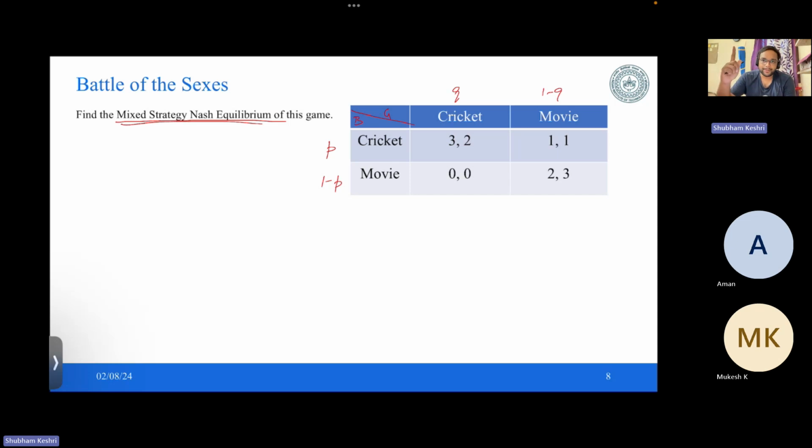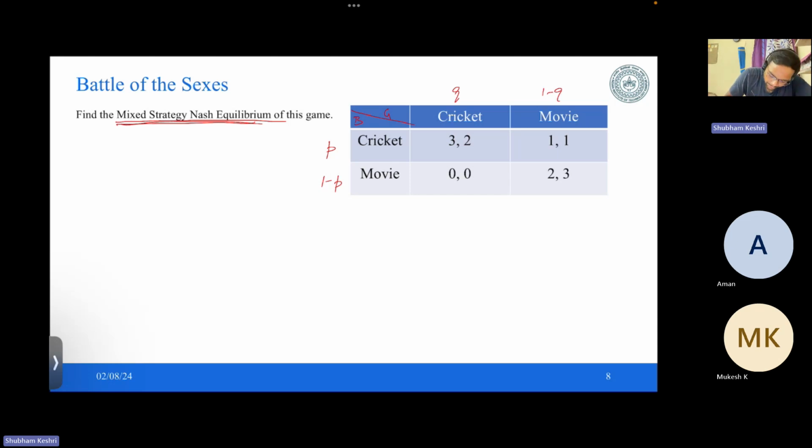Obtain the utility of the players, then maximize those utilities, and then obtain the best responses for each player. Whenever the best responses intersect, that will be the Nash equilibrium. These are the steps to obtain a Nash equilibrium, either pure or mixed. Let me go through this question because I want to discuss a few things, and then you will see some interesting observations.